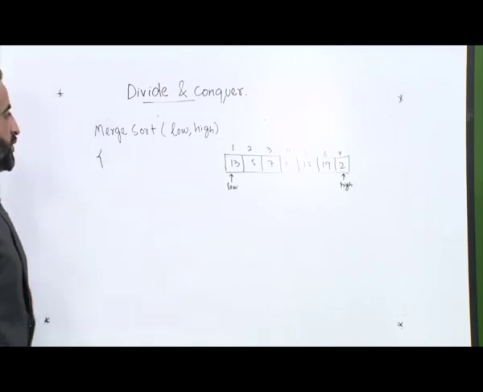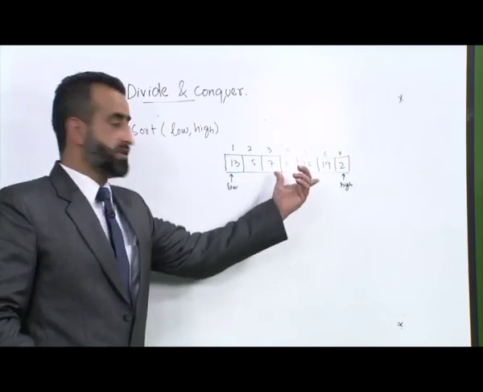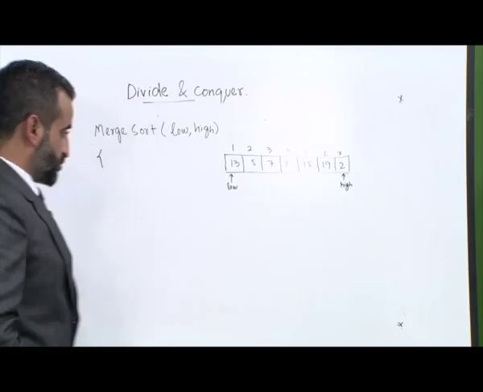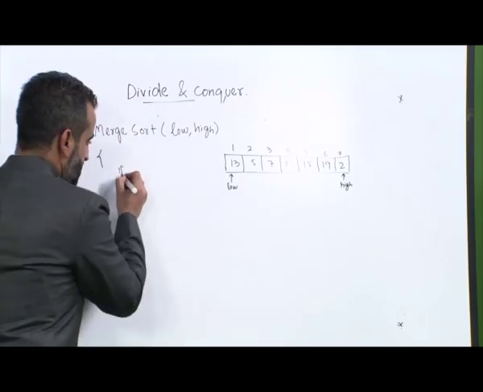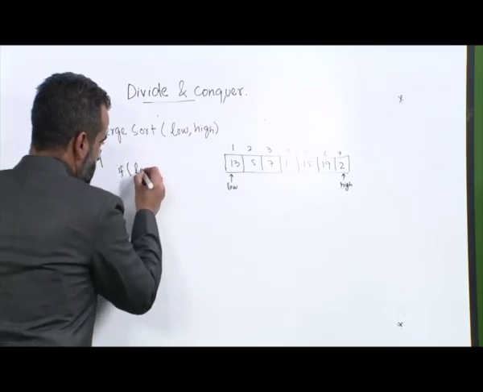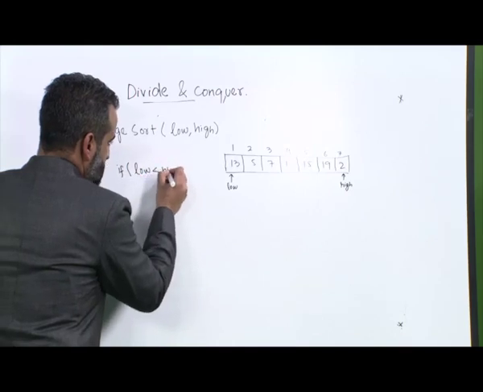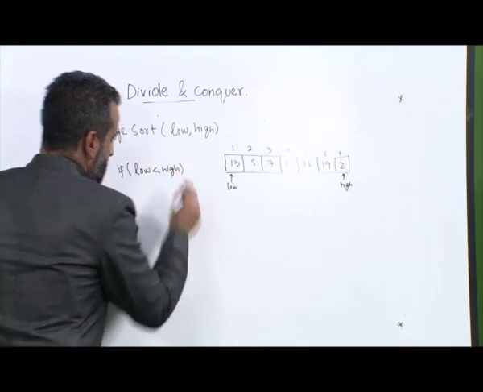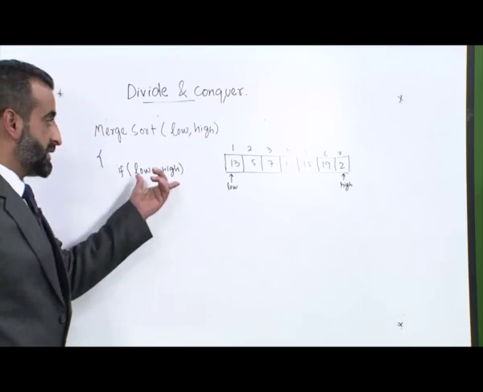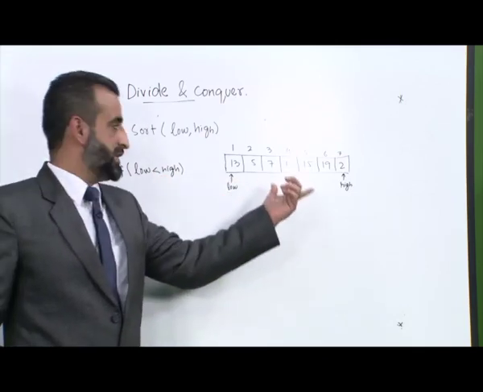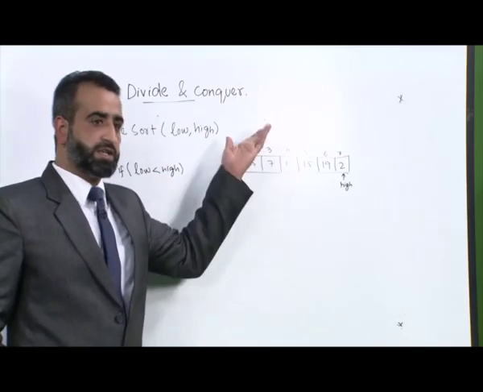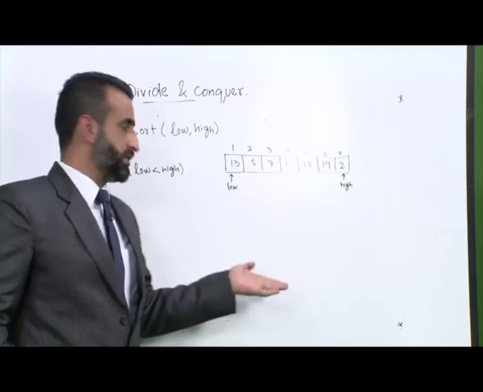First, I need to know how many elements are there in the array that I need to sort. To check that, I use a condition: is low still less than high? If the condition is true, that tells me there is more than one element present in this array and that I need to divide this problem further into sub-problems.